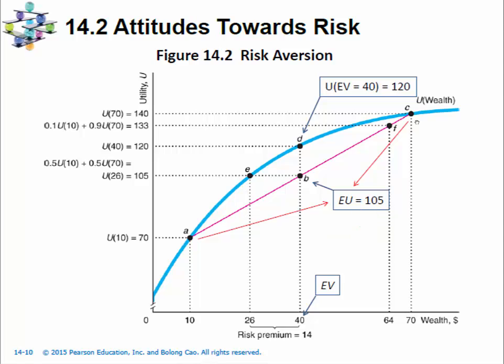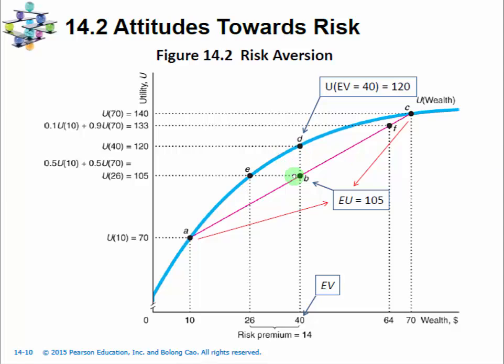Because keeping this $40 yields a higher utility level, 120, than making this $40 into a risky investment, getting an expected utility of 105, Irma will decide not to take this so-called fair bet, which gives you exactly the expected value for your money.